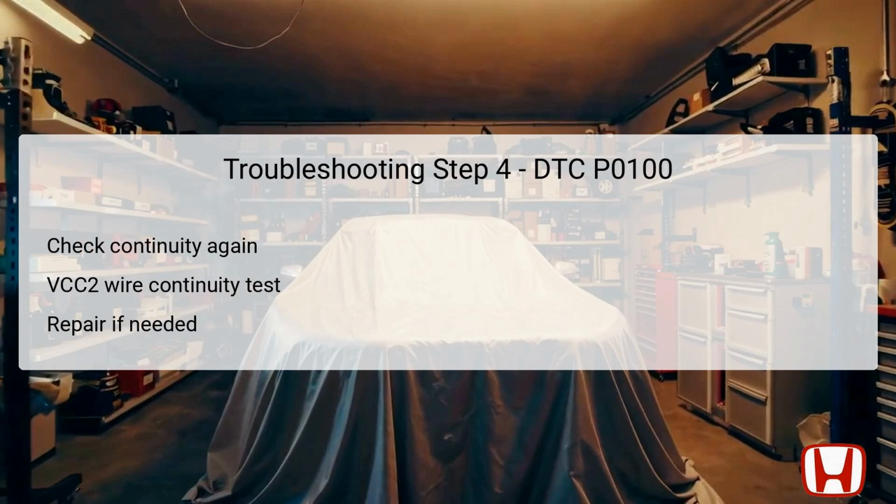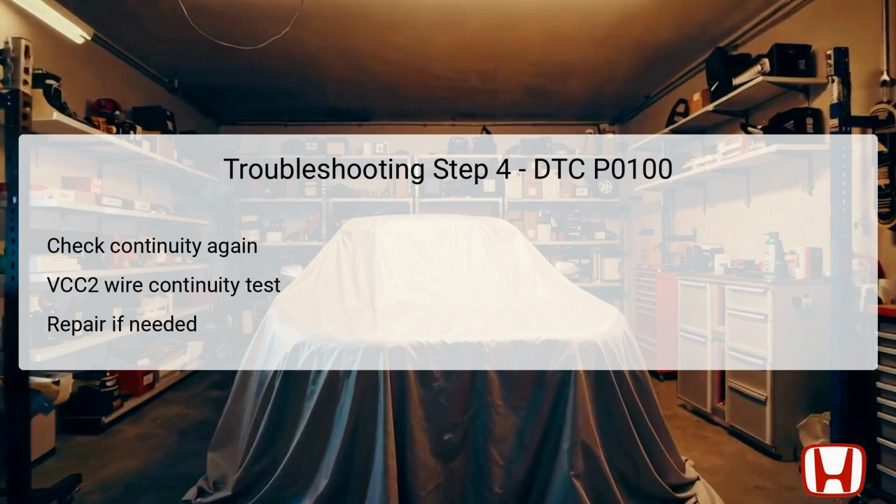In the fourth troubleshooting step, again focus on checking the continuity of the VCC2 wire, crucial for the MAF sensor's functionality. With the vehicle in the off mode and the necessary connectors disconnected, check the continuity again between test point 1, the MAF sensor terminal number 3, and test point 2, PCM connector E, pin number 77.